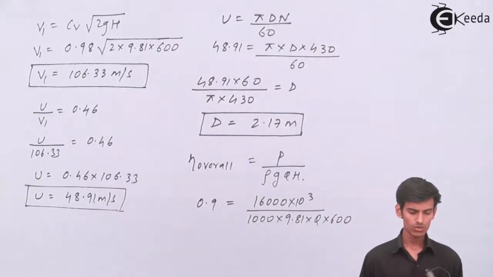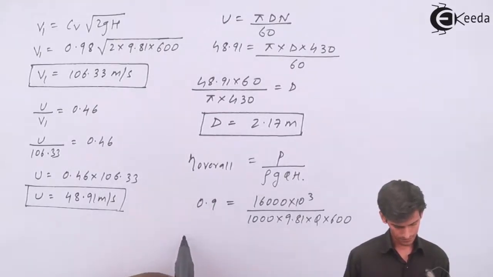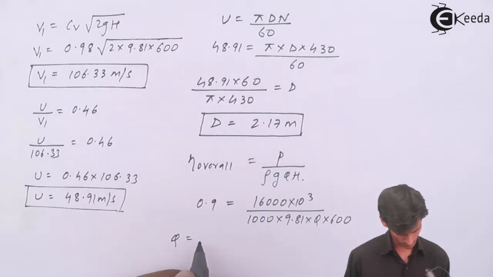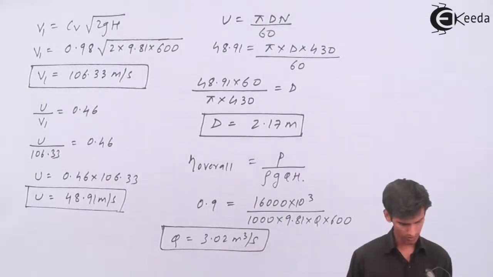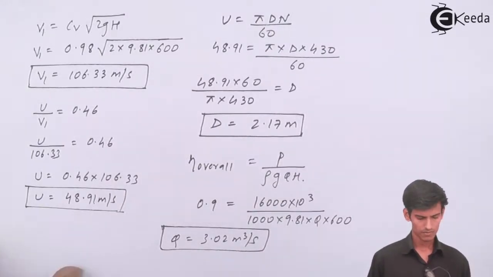After you simplify this equation, you get the value of discharge. Now, since you know the discharge, the diameter of the nozzle can be easily found.